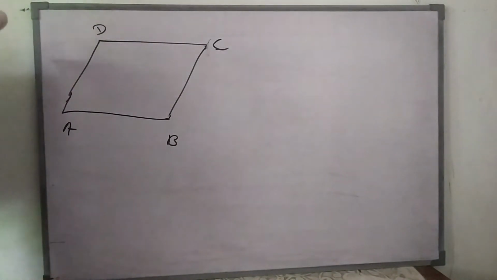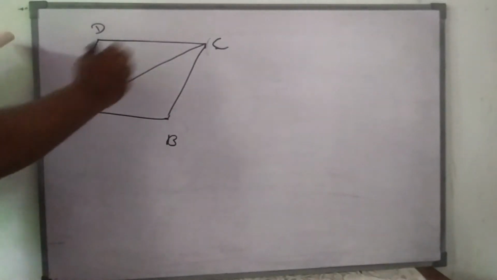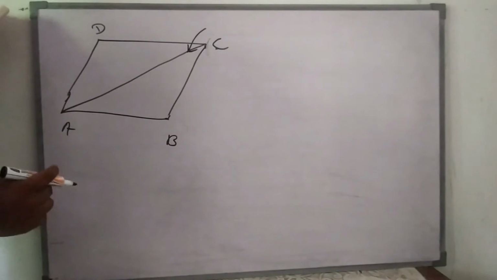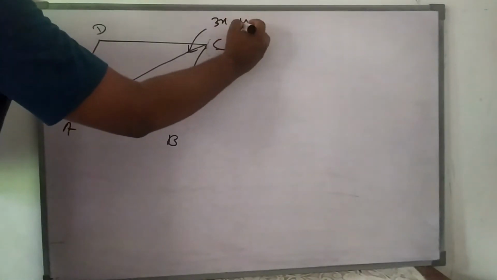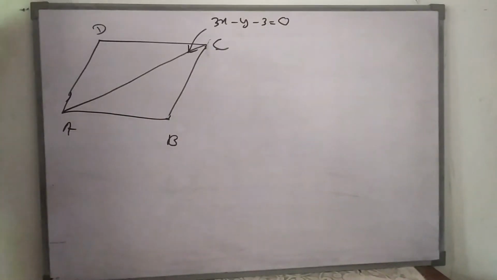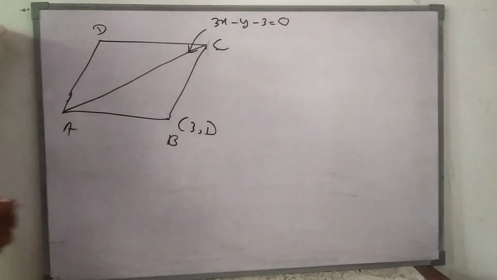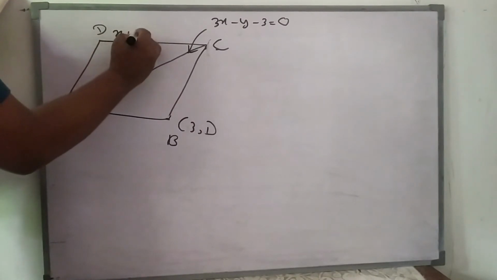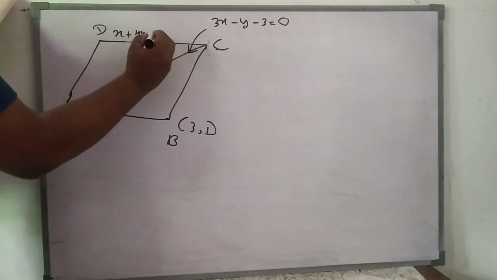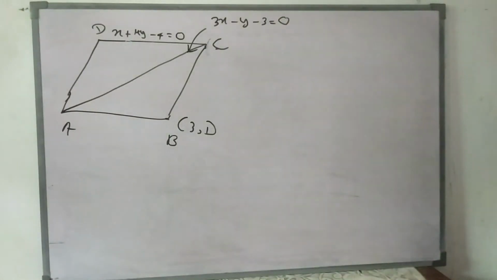So the details: equation of diagonal AC, where k is a real constant.